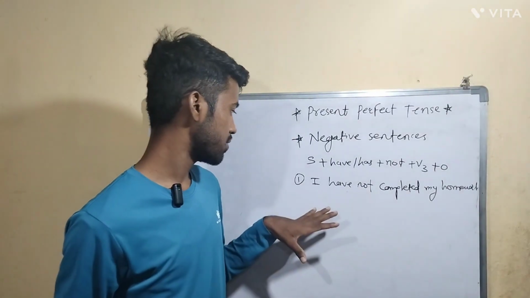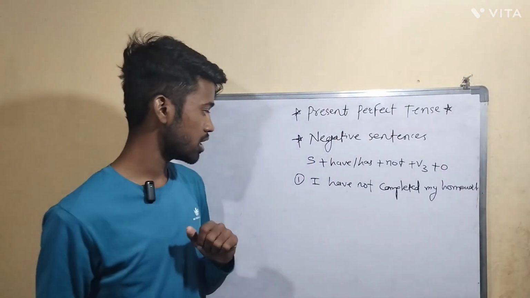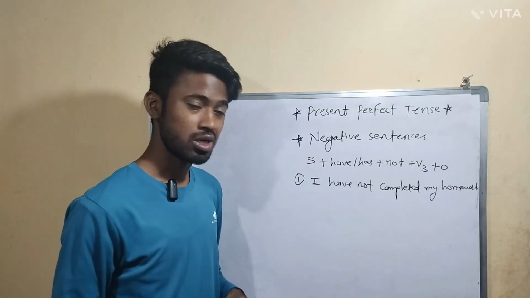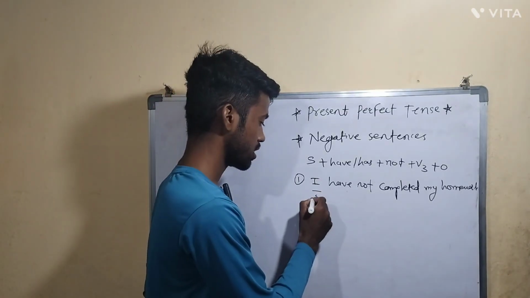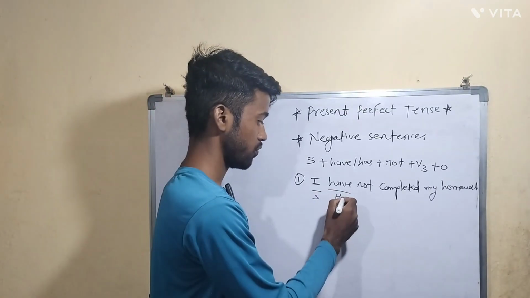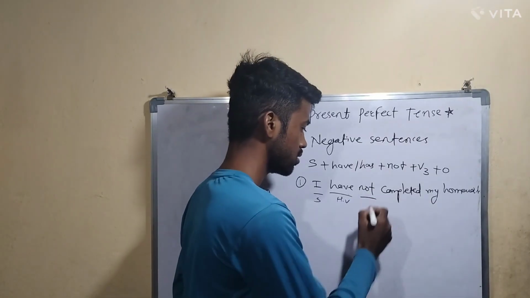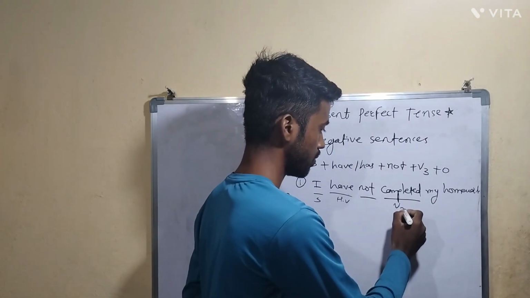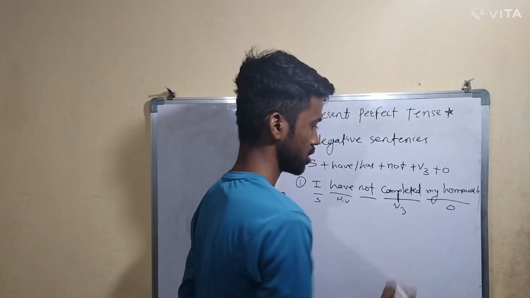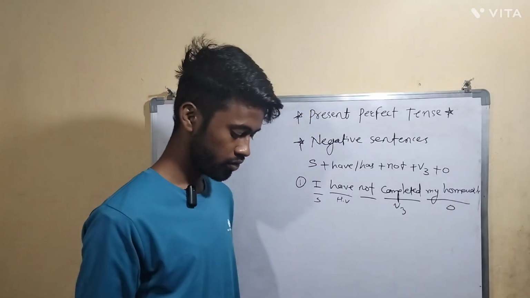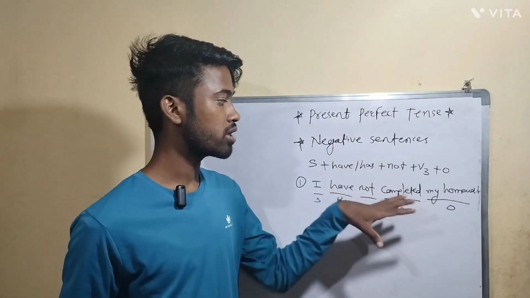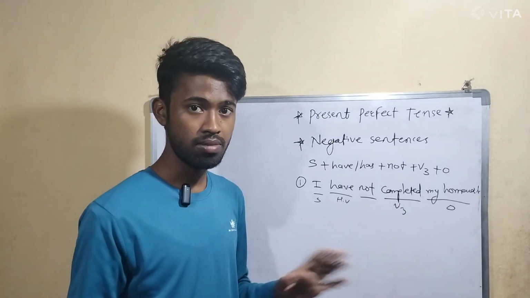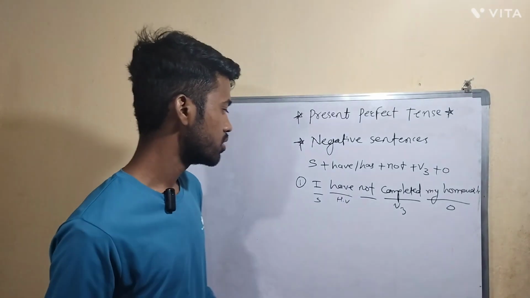So this is one example. Here, what is the subject? I is the subject, have is the helping verb, and not is for a negative sentence. Completed is the third form of verb, and this part is the object. So the sentence is: I have not completed my homework.